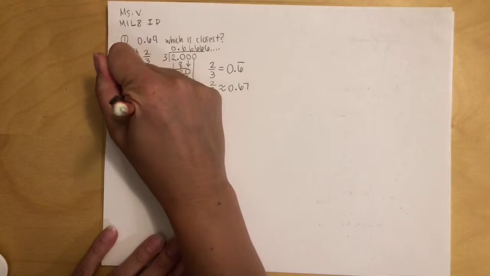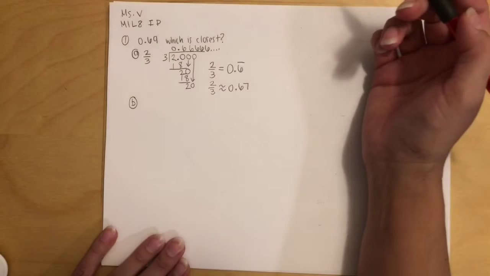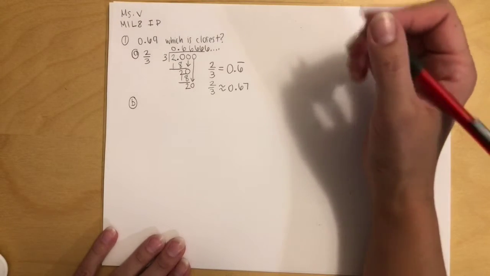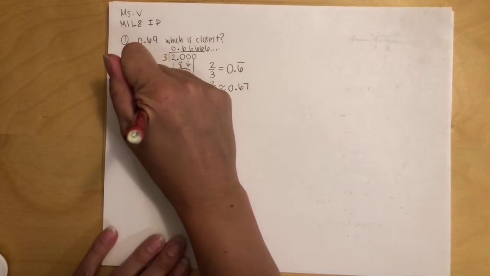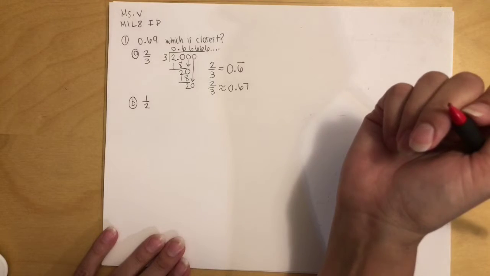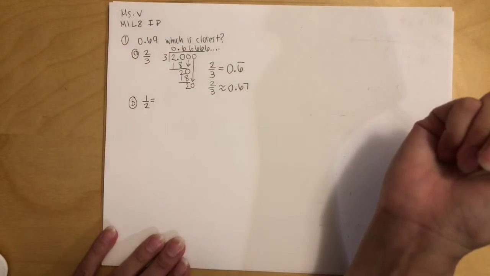Let's look at B, because this is not super close to 0.69. We can probably find something closer, but let's see. 1/2, that's 1 divided by 2. Some of you might have that memorized. You can just go ahead and put equals that number there.